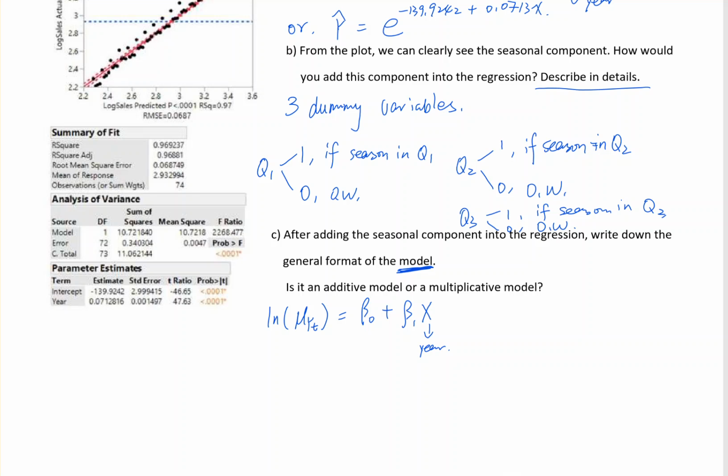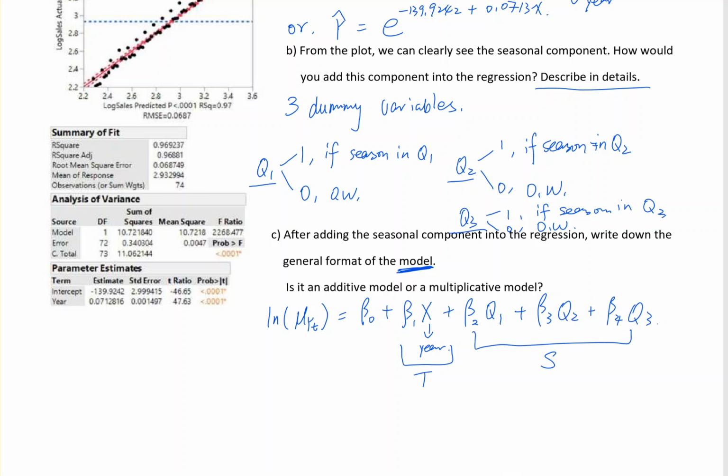And then we add the seasonal components into the regression, so that we have Q1, Q2, Q3 variables. We have 3 additional variables added into our regression. Then we keep adding, right? So we'll have beta 2 with Q1, next one will be beta 3 with Q2, and beta 4 with Q3, right? So this is for the trend. These 3 are for the season.